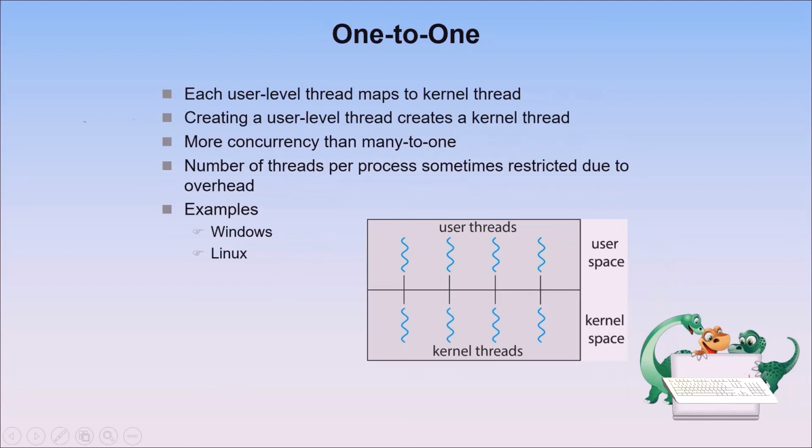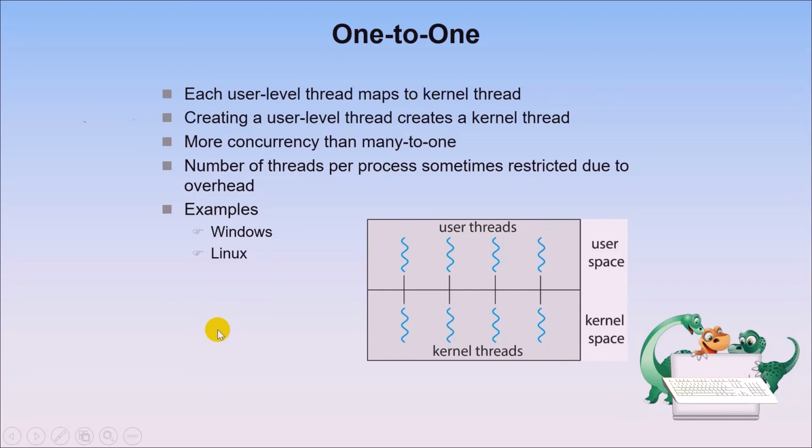The next one would be one-to-one. The one-to-one model creates a separate kernel thread to handle each user thread. So there is a corresponding kernel thread for every user thread and vice versa. The one-to-one model overcomes the problems listed above involving blocking system calls and splitting of processes across multiple CPUs.